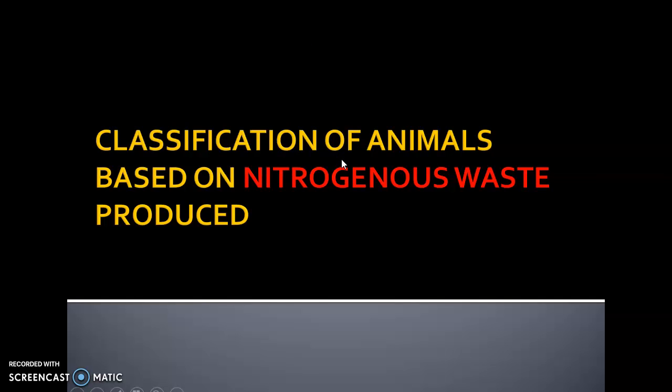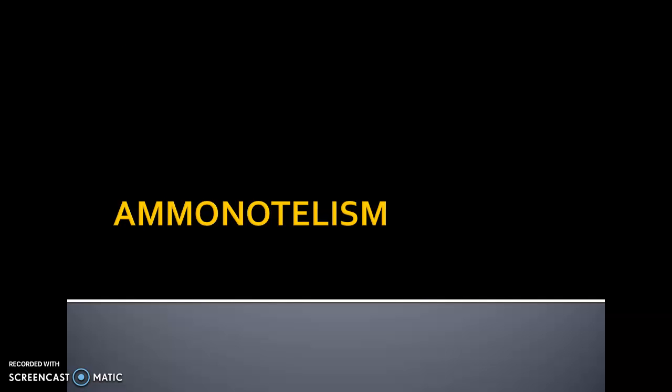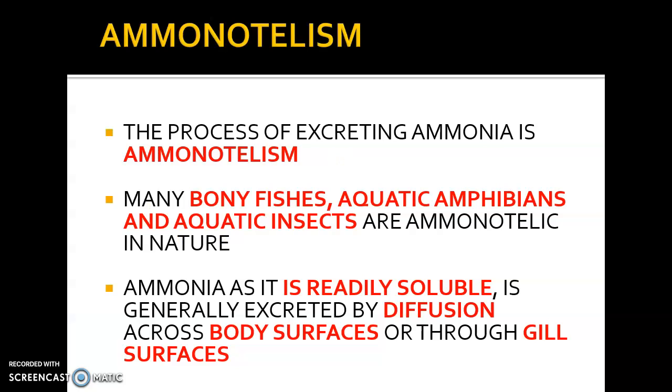Now let's have a look at the classification of animals based on the nitrogenous waste produced. There are three types. The first one is ammonotelics, the second one is ureotelics, and the third one is uricotelics. Let's have a look one by one.